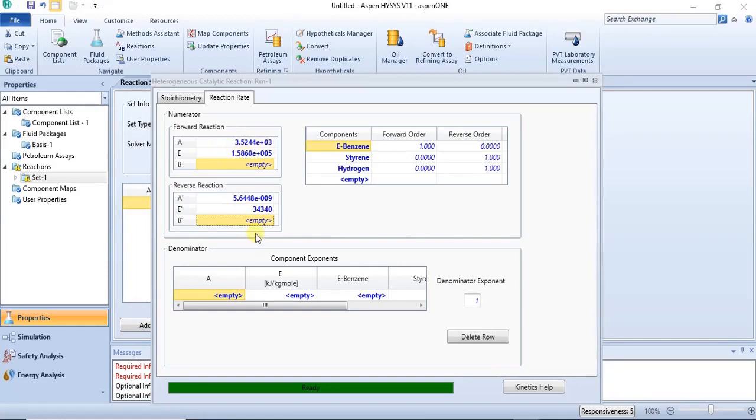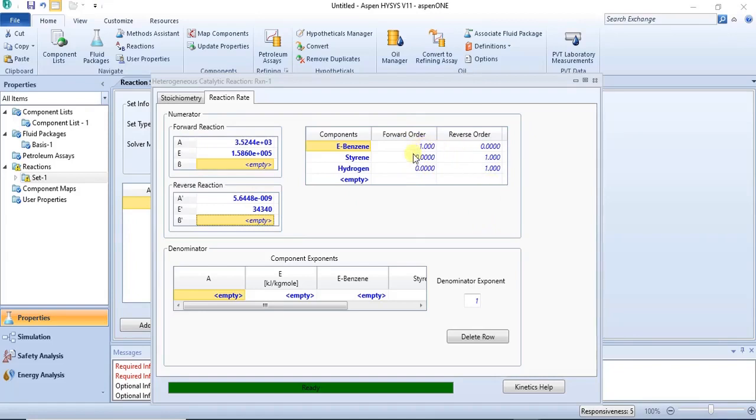the kinetic video, right? So basically you are just inputting the pre-exponential factor value and then the activation energy value into the numerator, right? That's exactly what you are doing here. Then you now specify your forward order and reverse order values, right?